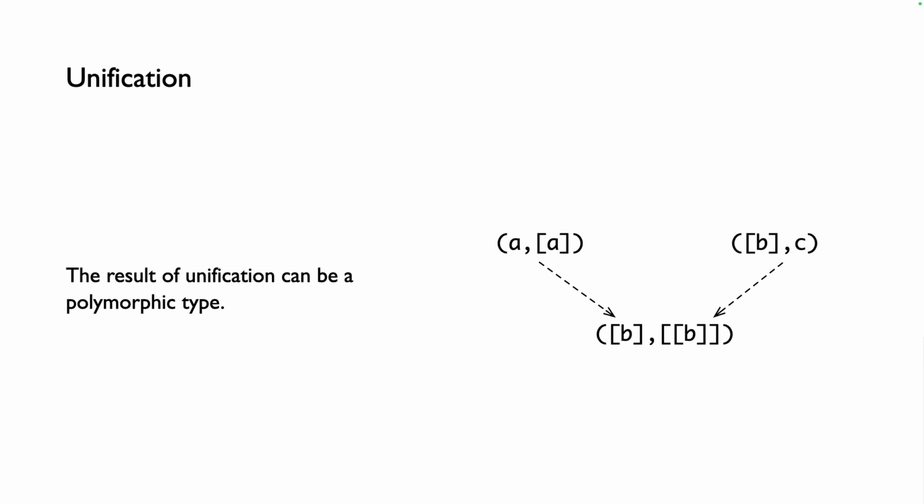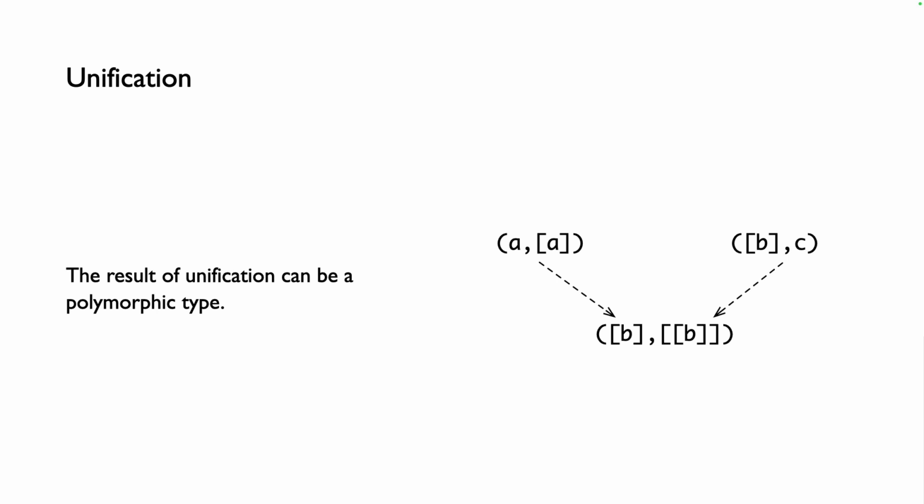Well, A, completely general, must become list of B, and then list of A must become list of list of B. If A is becoming list of B, then a list of those must be list of B. Is that consistent with what's in the second pair?